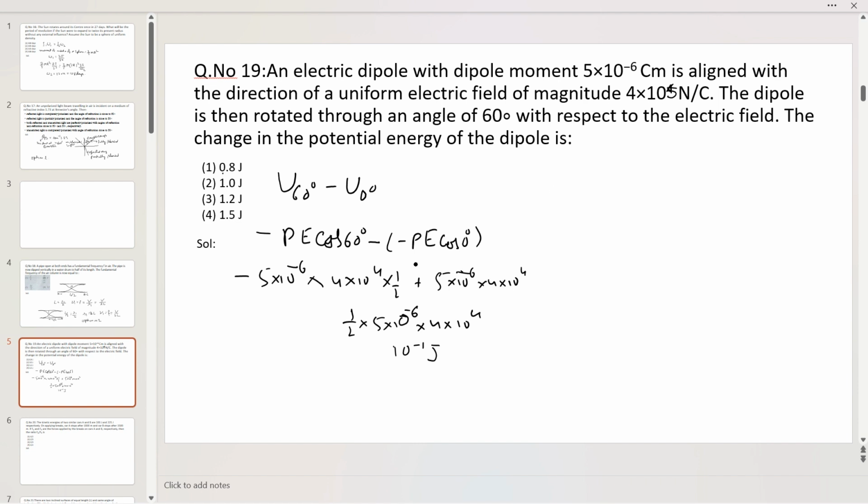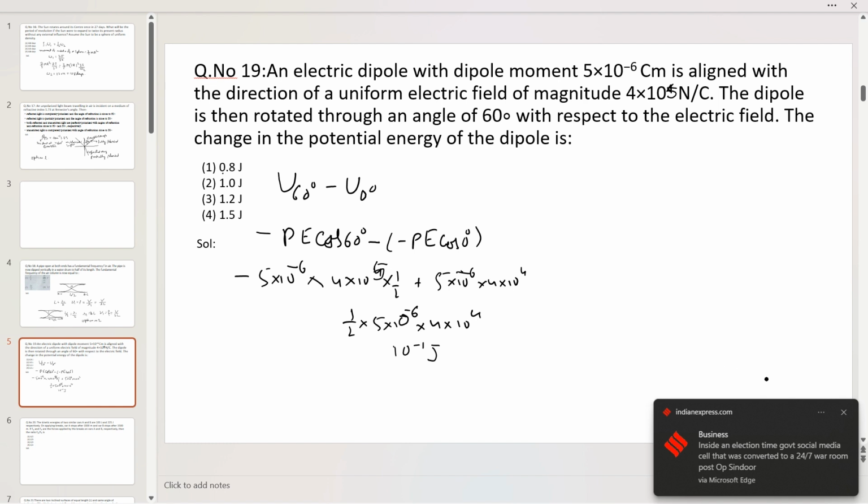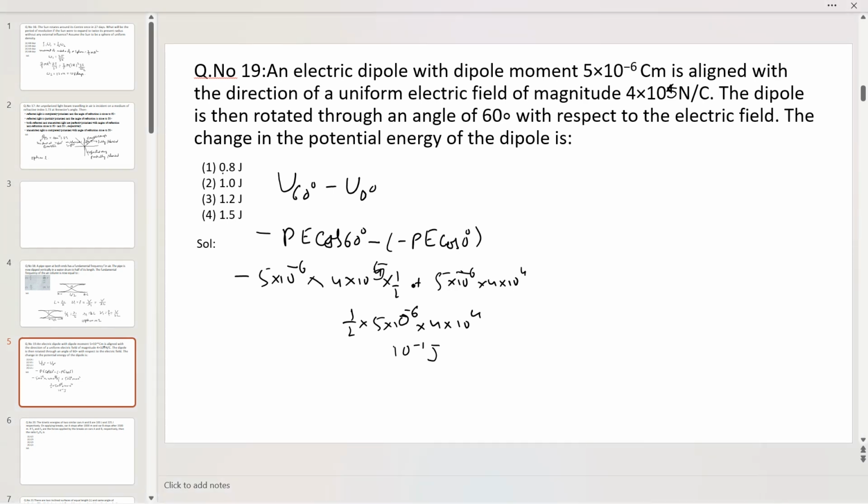So here this is 10 to the power of 5. And again here this is 10 to the power of 5.